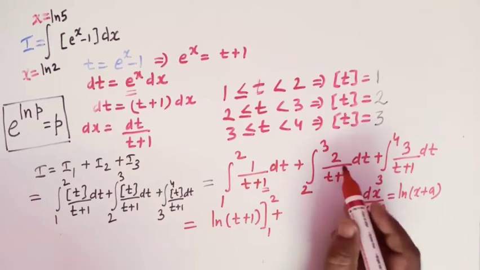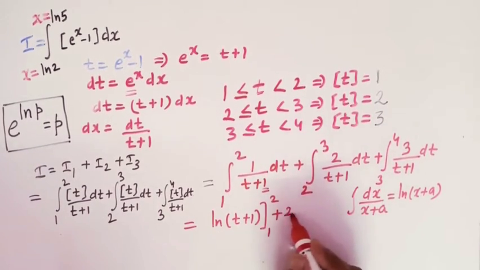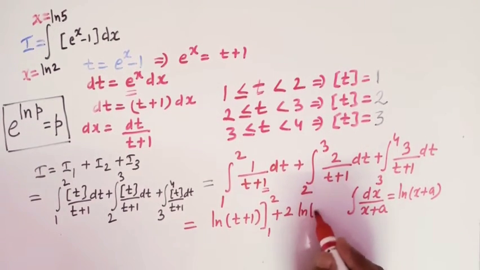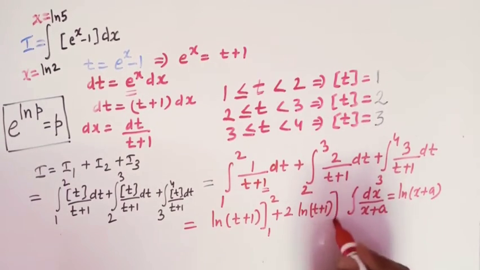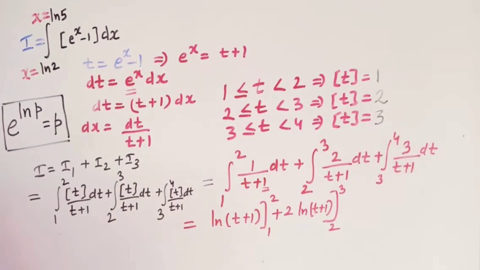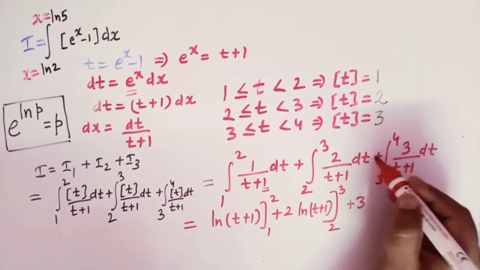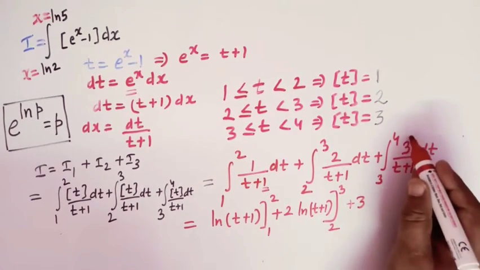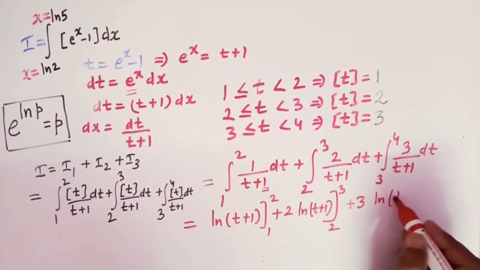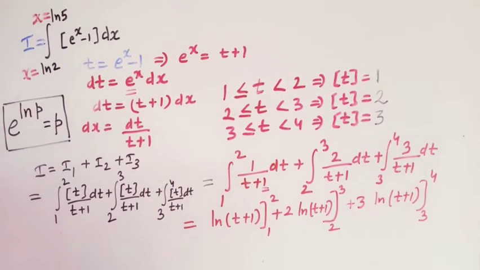Then we have here again, taking this 2 outside this integral, the integral of 1 over t plus 1 is log of t plus 1, and the limits are from 2 to 3, and here we have 3, taking this 3 outside this integral, we have 1 over t plus 1, and the integral of 1 over t plus 1 is log of t plus 1, and here the limits are from 3 to 4, right?